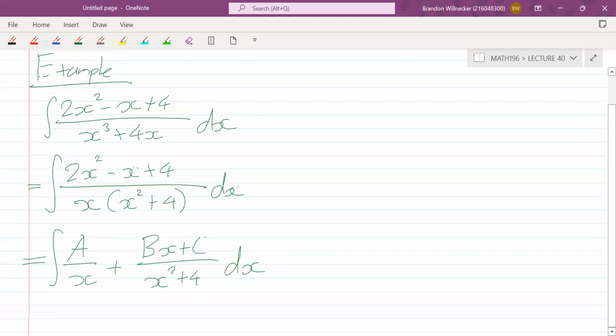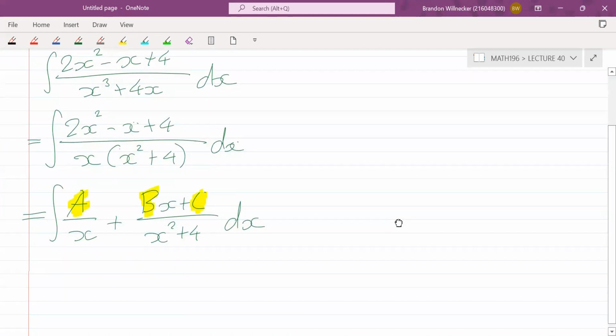Okay, so we have separated it out into 2 parts. What we need to do now is figure out what is A, what is B, and what is C. We don't know what these are yet.